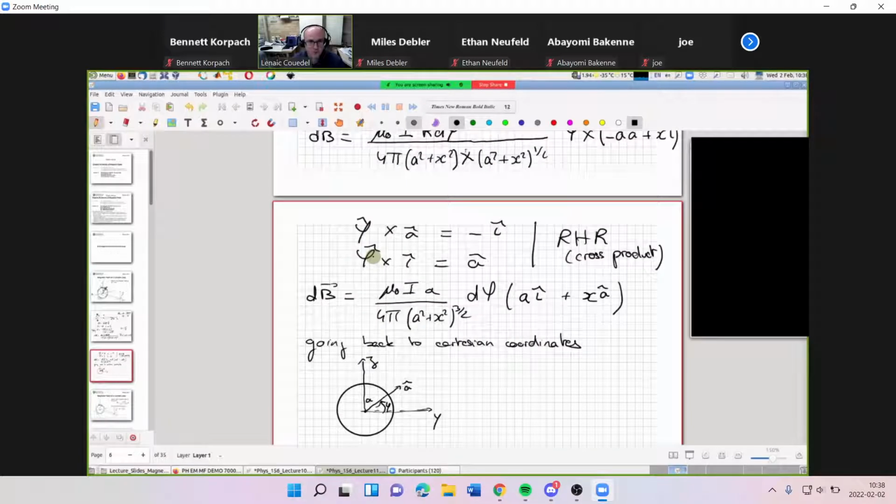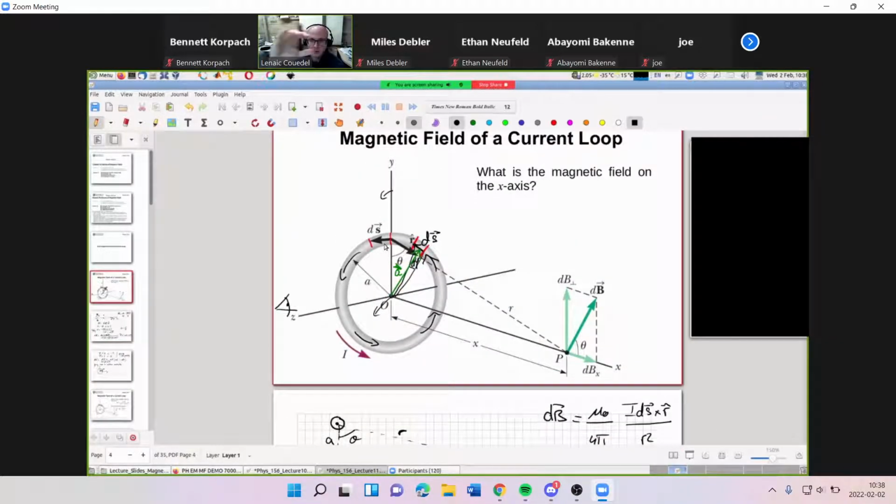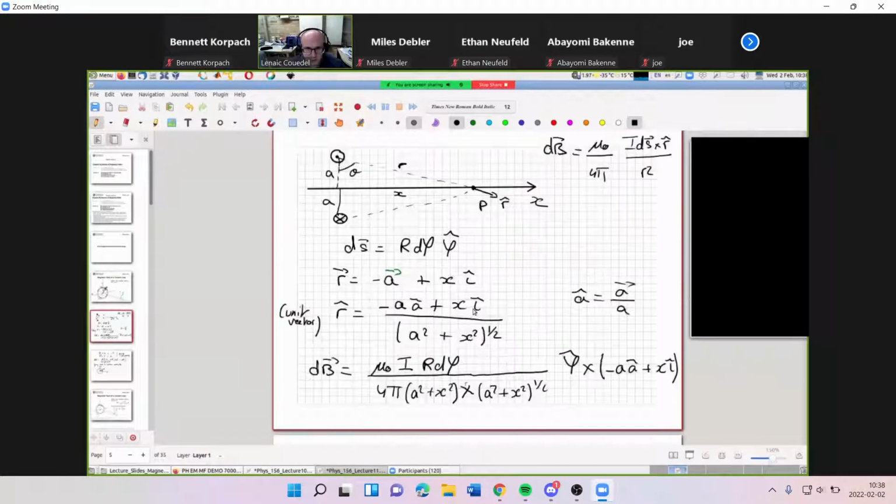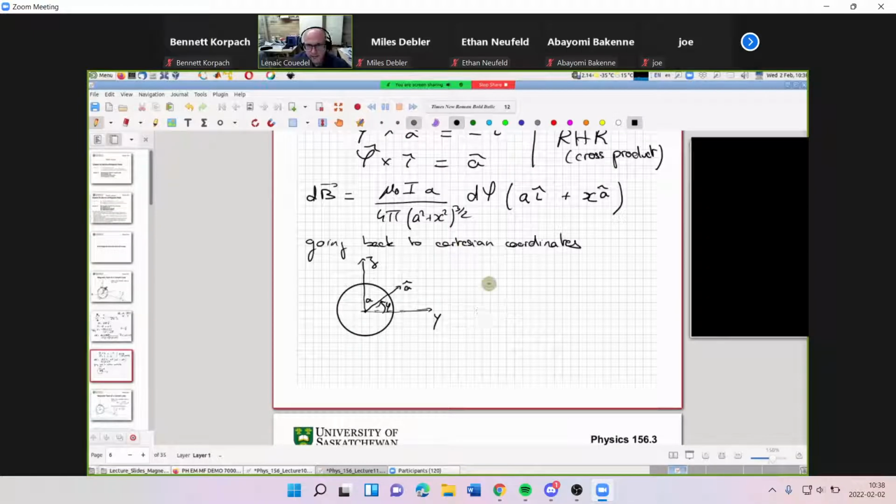I've just rotated around my x-axis, so I put my y-axis horizontal. It's equivalent to turning my head. It's just more convenient for the calculation. So then my a hat vector, it's a unit vector, is just cosine phi j hat plus sine phi k hat.